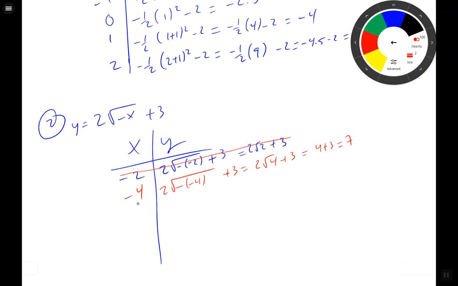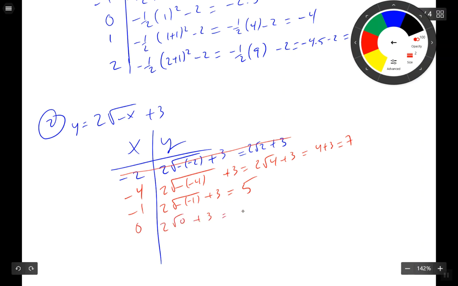Okay, next perfect square is negative 1. 2 square root of negative 1 plus 3 is just going to be 5, because it's 2 times 1 plus 3. 0 works. 2 square root of 0 plus 3 is going to give me what? 3.